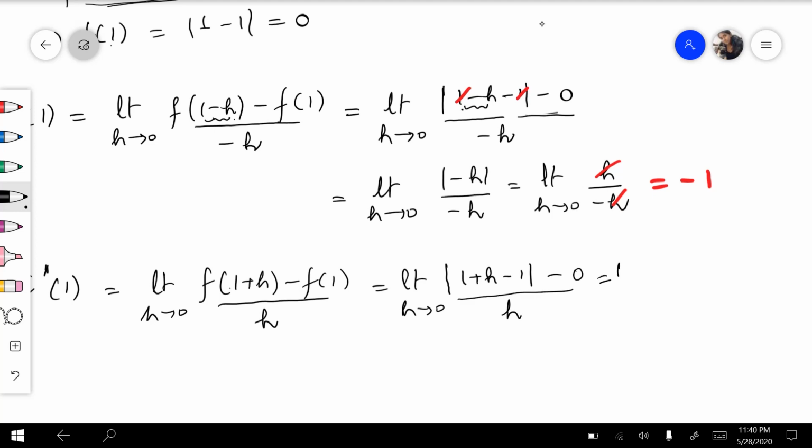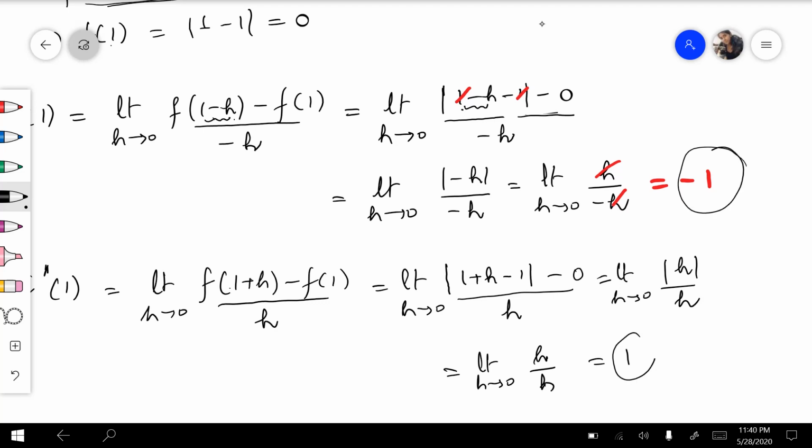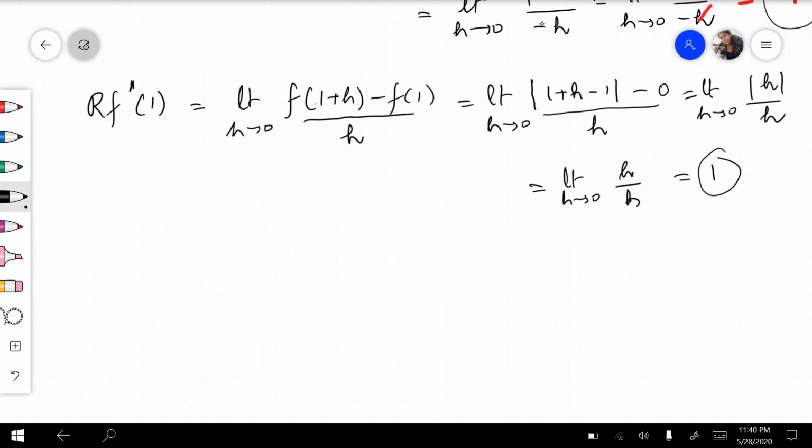This simplifies to limit h goes to 0 modulus of h upon h, which is equal to limit h goes to 0 h upon h, because h is a positive number tending towards 0. This simplifies to 1. Left hand derivative minus 1, right hand derivative 1 means they are not equal.